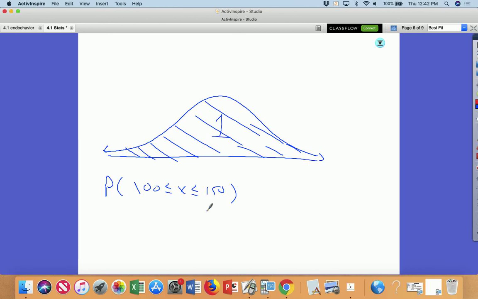Well, what they're saying is, what's the probability that if you had to find a point, it's between this value of 100 and this value of 150? So then we start looking at the areas of that as probability, because the area of this whole thing underneath it is 1, and then there's going to be some formulas that we're going to use to calculate continuous distribution probabilities. But it's important you know that the area of the distribution is 1.